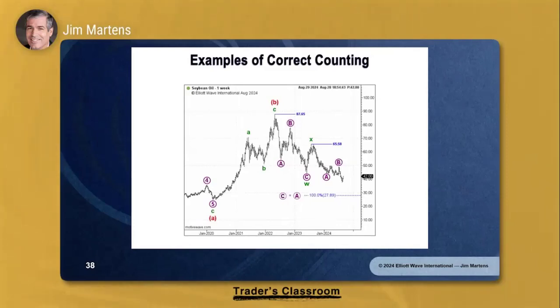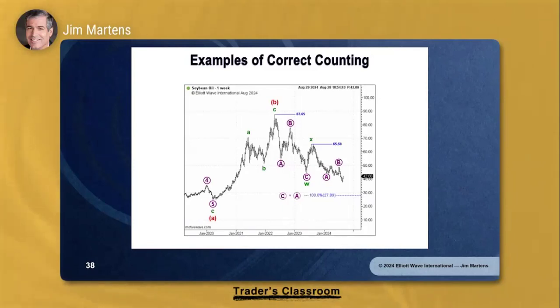But again, I want to reiterate that as wave B came to an end and wave C got underway, both the preferred count and the alternate count, both the flat and the triangle, called for a sizable decline in soybean oil, and we've seen that decline. This is how I believe alternate counts add confidence to our outlooks of the markets.